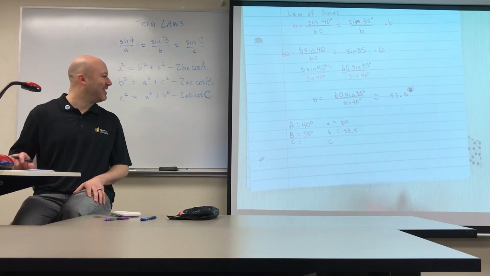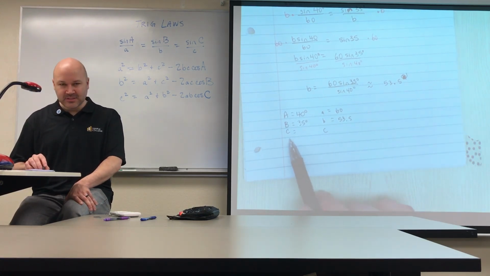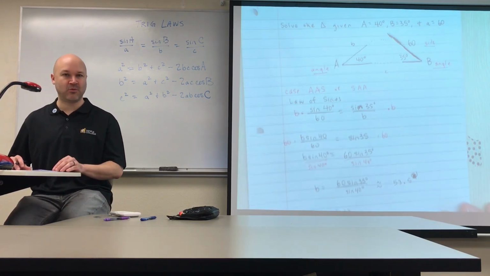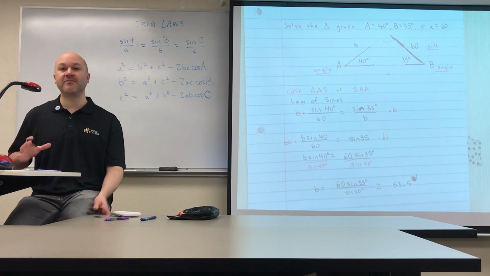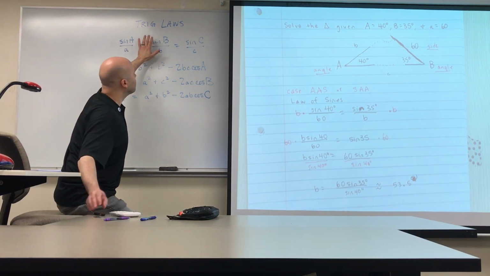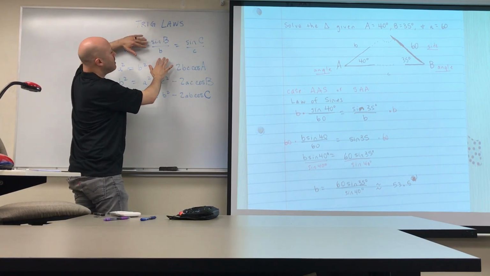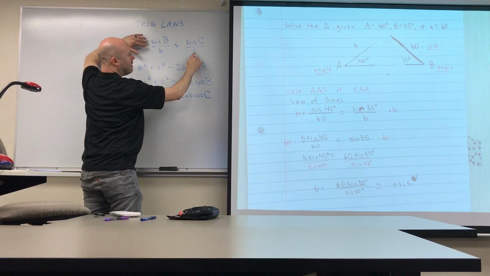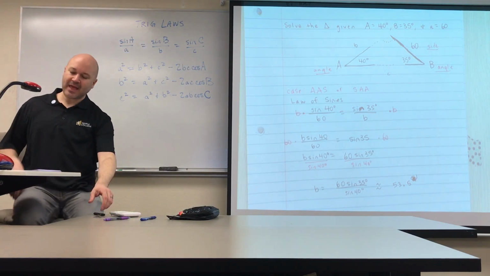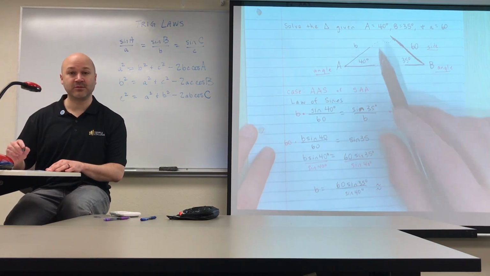Now to find angle C or little c, I'll have to know at least one of them. For the law of sines to work, I need to set up this proportion, the two ratios equal to each other. But in order to find one of these, I need to know the other one. Well, I happen to know that the three angles of a triangle add up to 180.